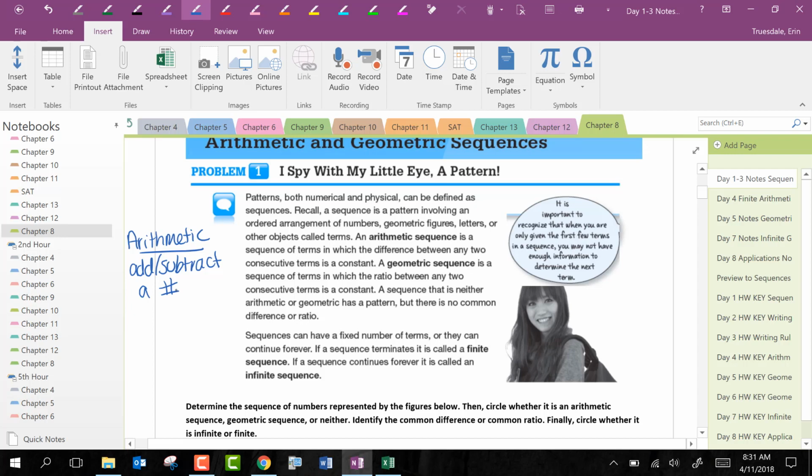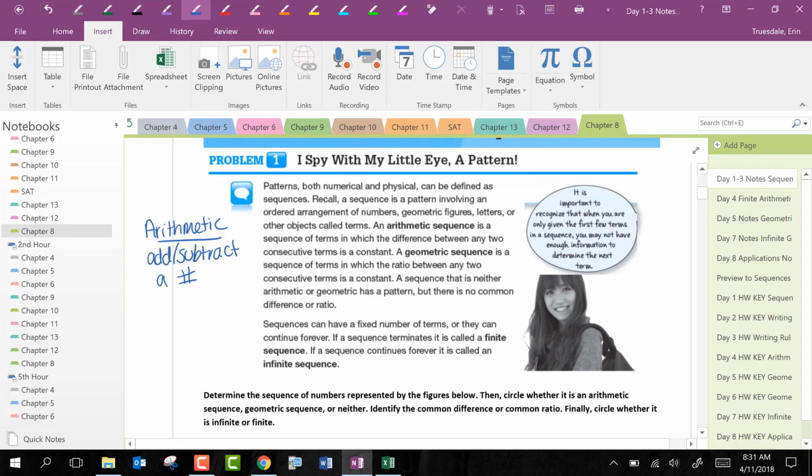That's how the sequence is formed. Geometric sequences multiply or divide. We never really think about it as division with these. We'll just think about it as multiplying by the reciprocal, but they multiply or divide by a number.